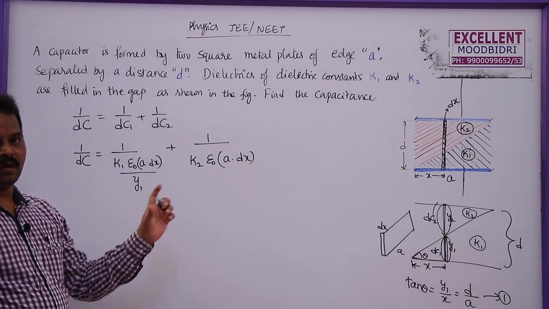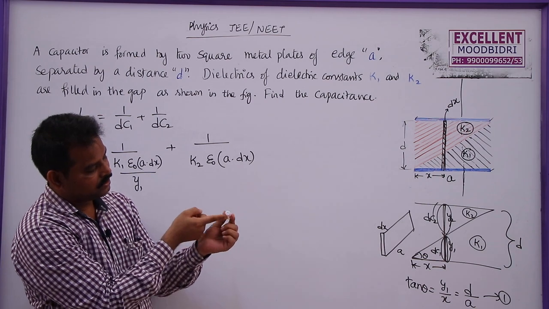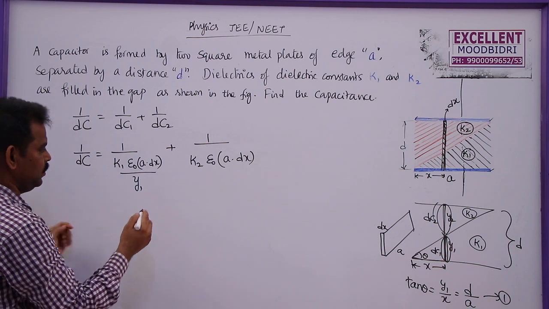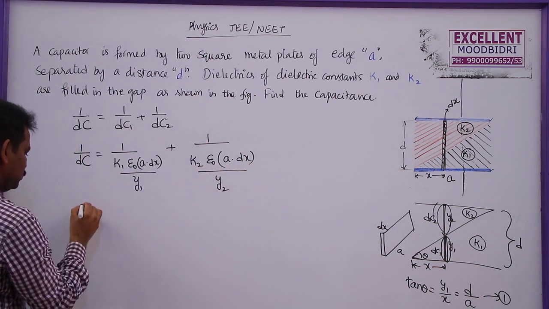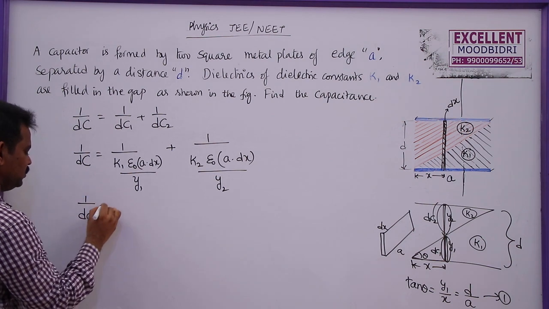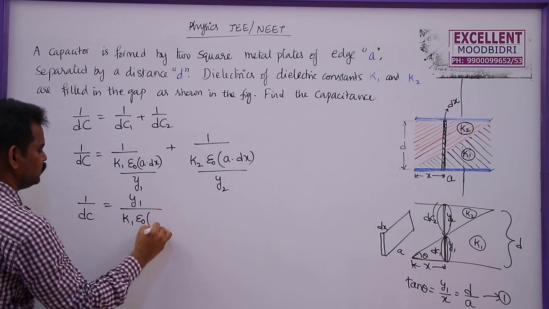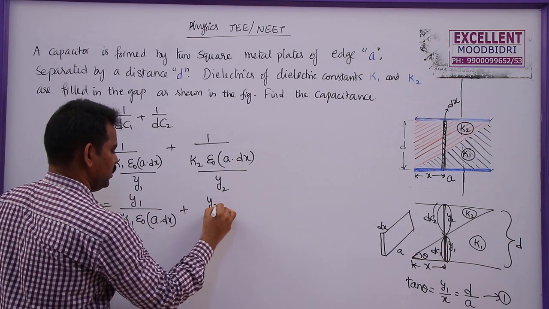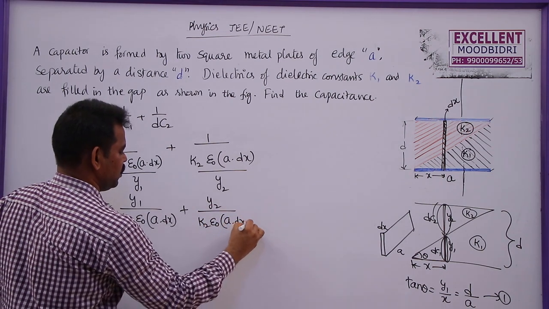This is the area of the strip. Why? Because let us say this is the strip, this width is dx, this length is A, so this is dx into A, you will get area, and the remaining length is y2. So you can write 1 by dC is equal to y1 by K1 epsilon naught A dx plus y2 by K2 epsilon naught A dx.